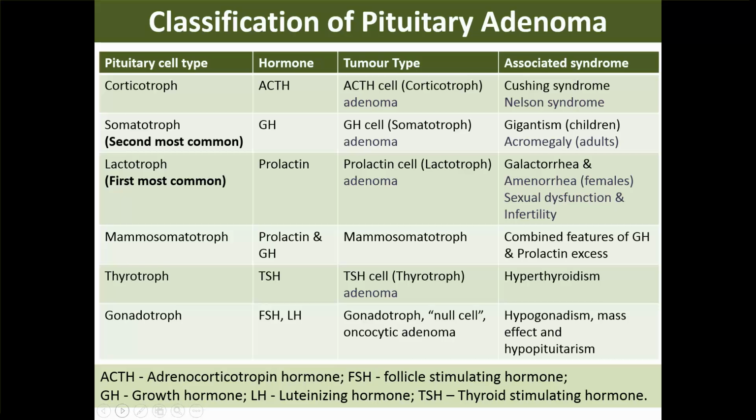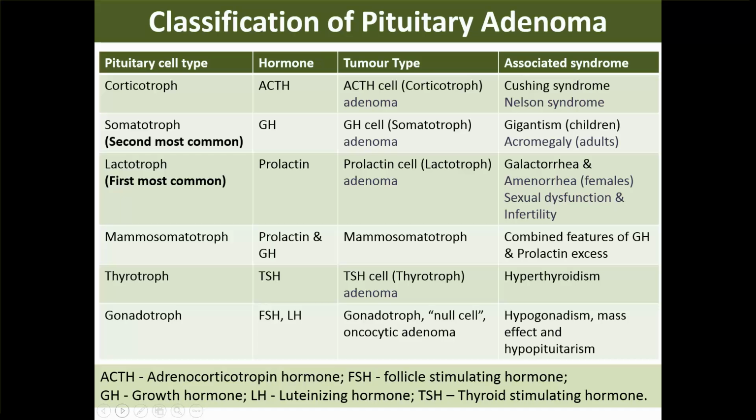Okay, so this is the concise table which shows what type of cells produce what type of hormones, what type of tumor can come, and what type of syndrome they end up in. So it comes from the corticotrophic cells which secrete ACTH.